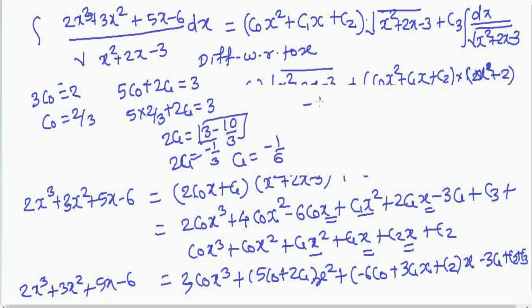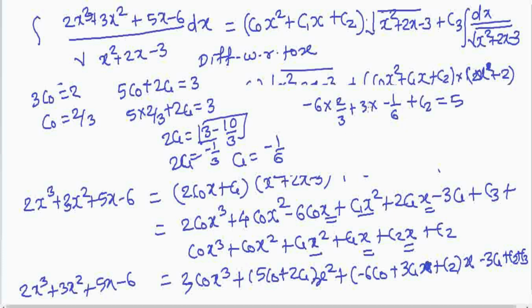Again, minus 6 into c0, 2 by 3, plus 3 into c1, minus 1 by 6, here it is not x, we have taken x common, right? Plus c2 equal to 5.